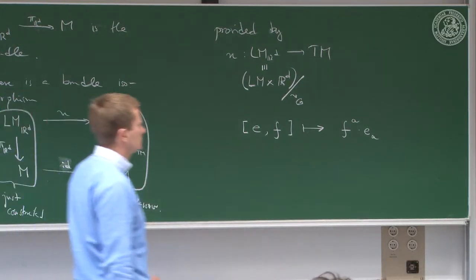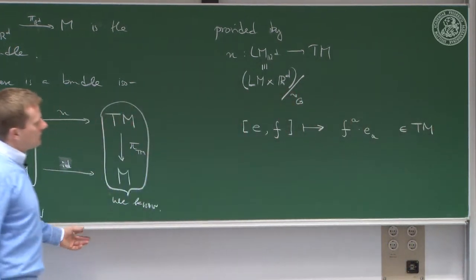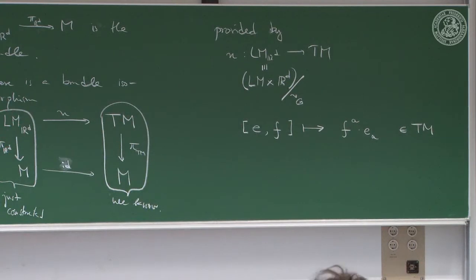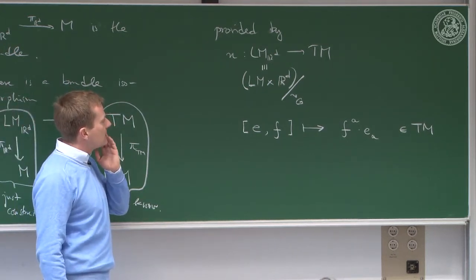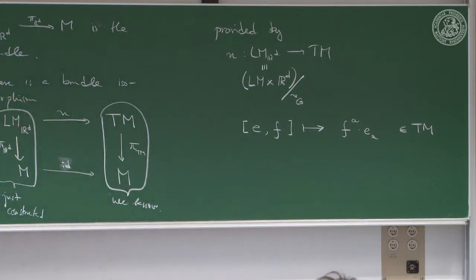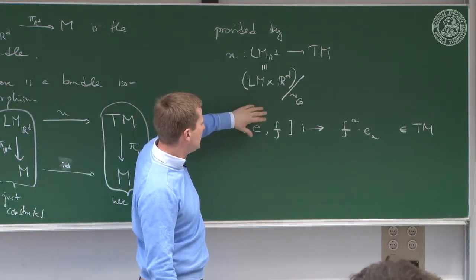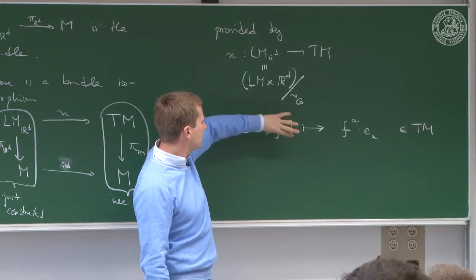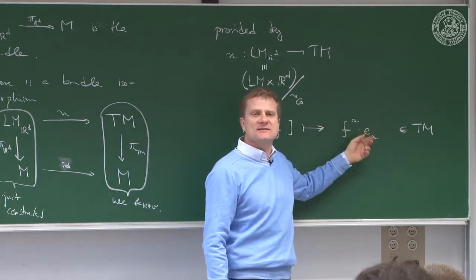Because it certainly lies in some tangent space. So it's an element of the disjoint union of all the tangent spaces. Okay, so now if you consider the action of this group on the fiber, you see that if you change the frame with the transformation g, then the fiber element, F^a, is changed in the opposite direction, and this just cancels.